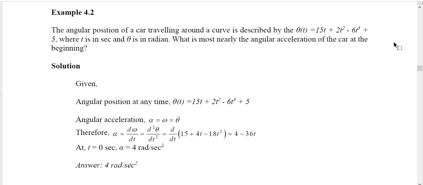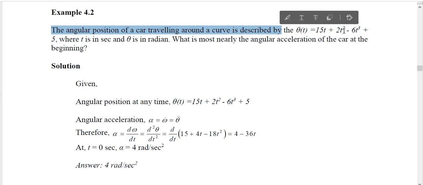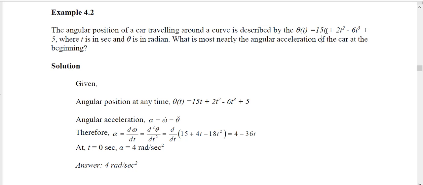This time we will see another example on kinematics of a rigid body. What this example is saying: the angular position of a car traveling around a curve is described by a function. This function is dependent on time, and it is important to note it. If a function is dependent on time, we can do differentiation or integration with respect to time.